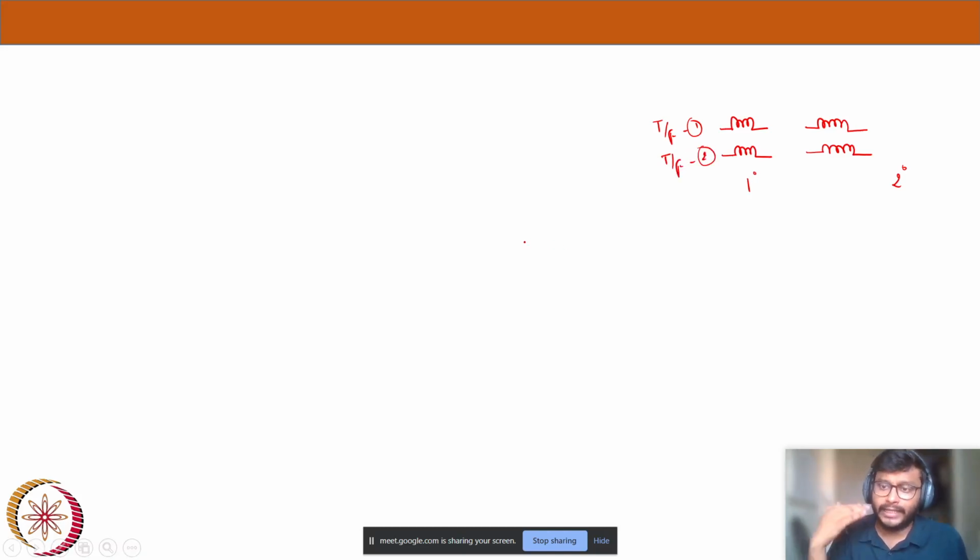Now let's say we want to connect these two transformers in a parallel fashion. That is, these two primaries are connected, and these two secondaries are connected. This is a parallel fashion.